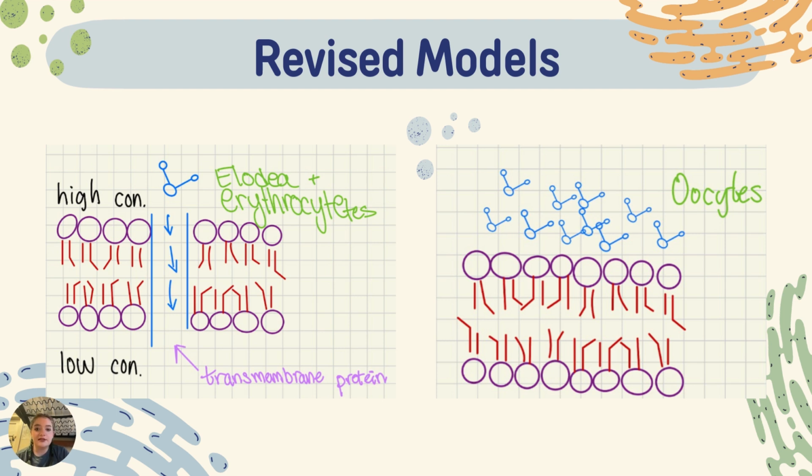And we believe that since the oocytes did not have that reaction with the hypotonic and hypertonic solutions, they likely do not have these transmembrane proteins.